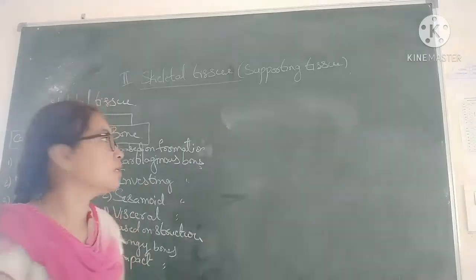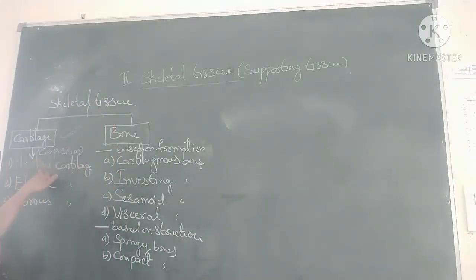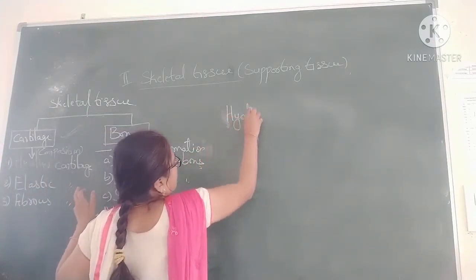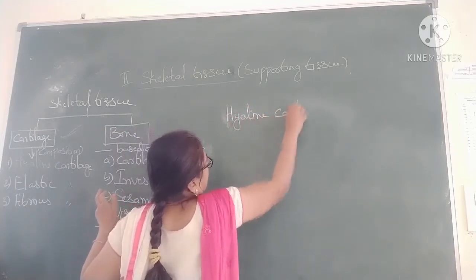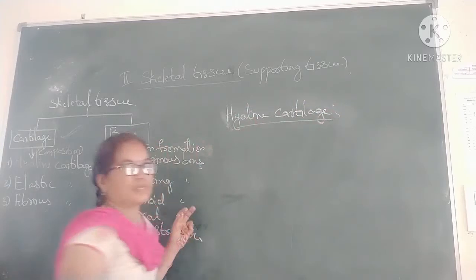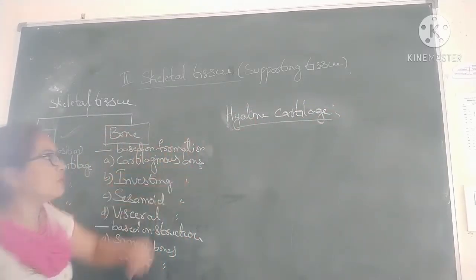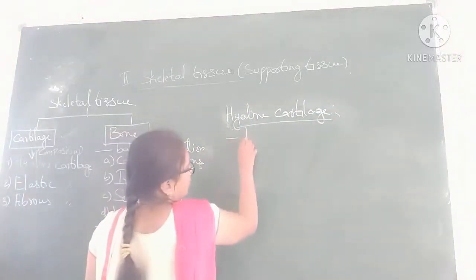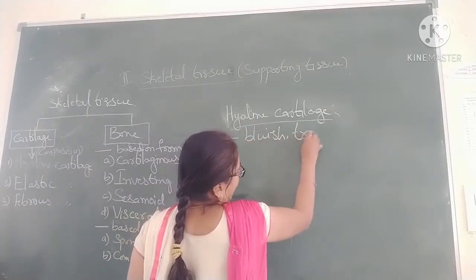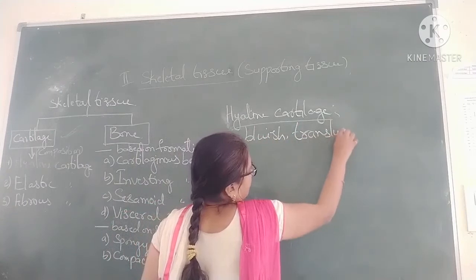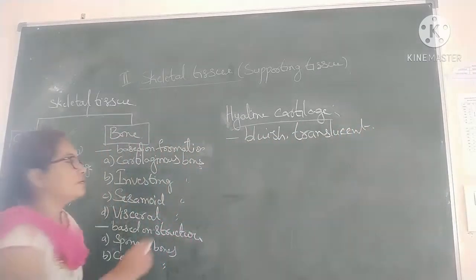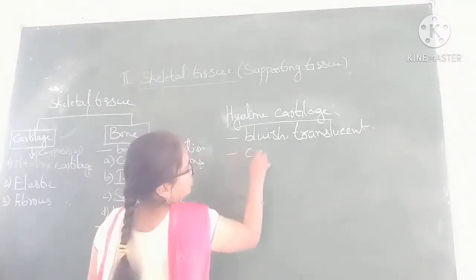If we take hyaline cartilage, the first one, it is bluish and translucent in color, and it contains collagen fibers.